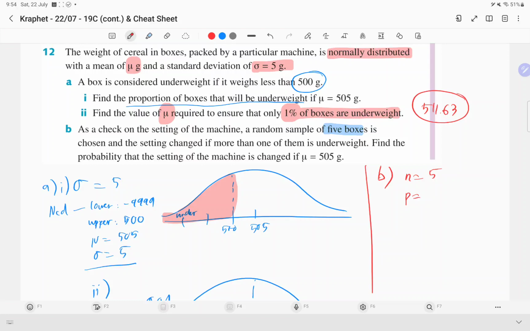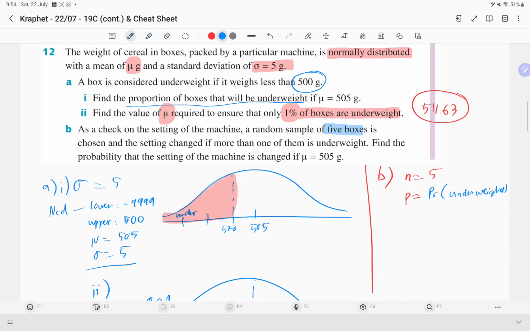Oh wait, no. Is the probability of one of them being underweight the same as the answer from question A1?